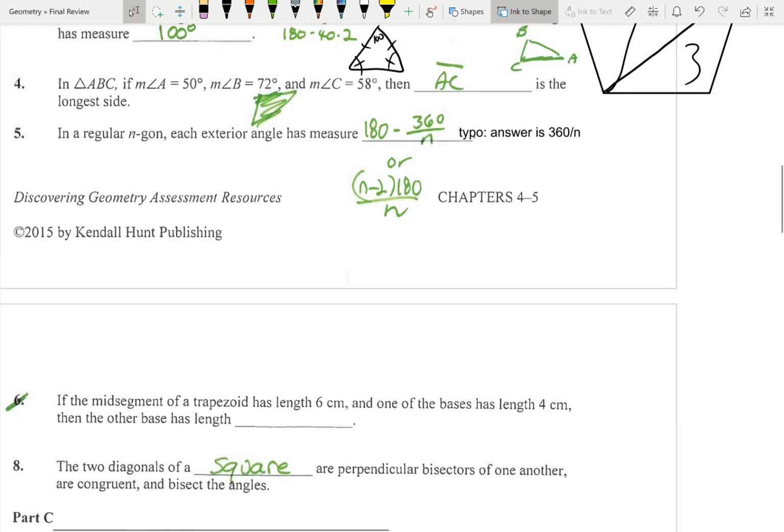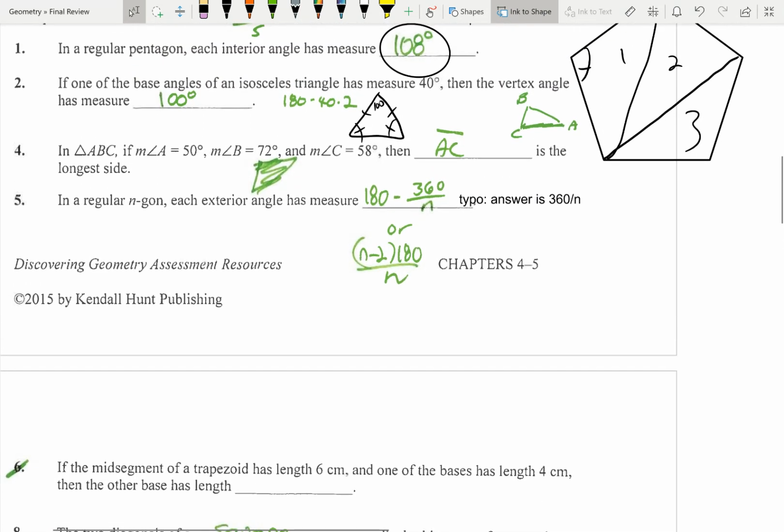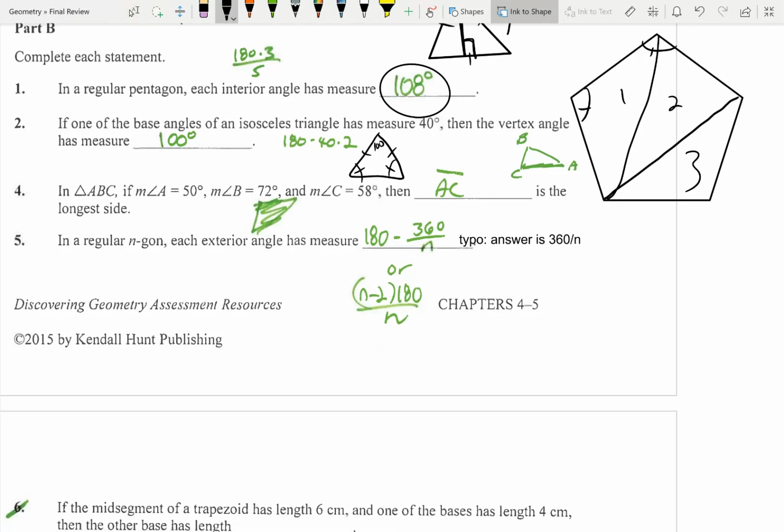And in triangle ABC, if A is 50, B is 72, and C is 58, then AC is the longest side.